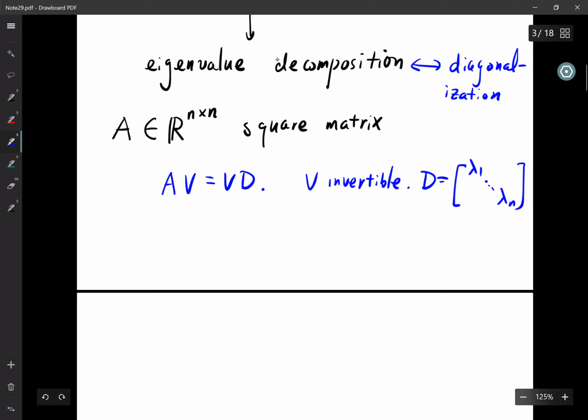And what it means is A v_i equals lambda_i v_i.